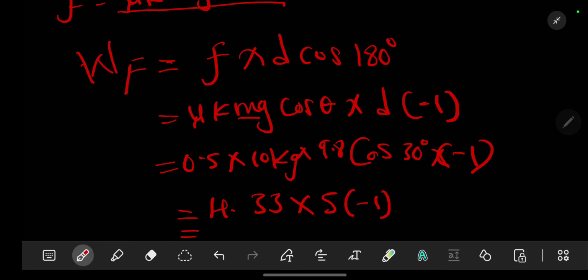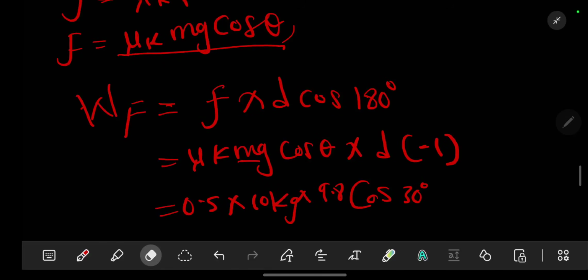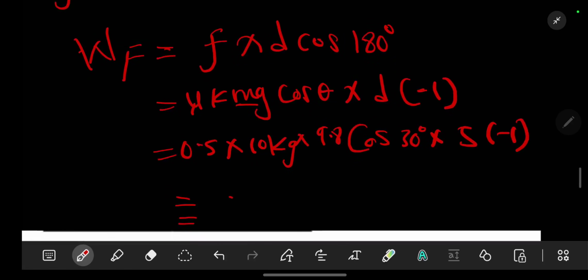Cosine of 30 is 0.866. Sorry, let's multiply everything together: 0.5 times 10 times 9.8, then the cosine of 30, then times 5.